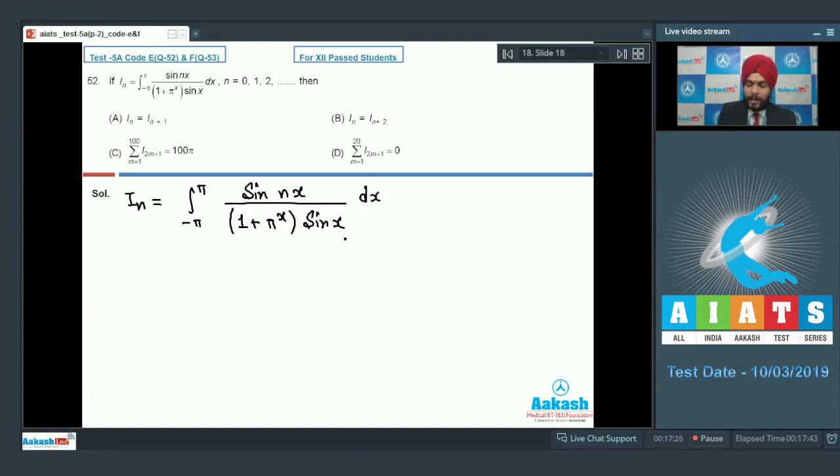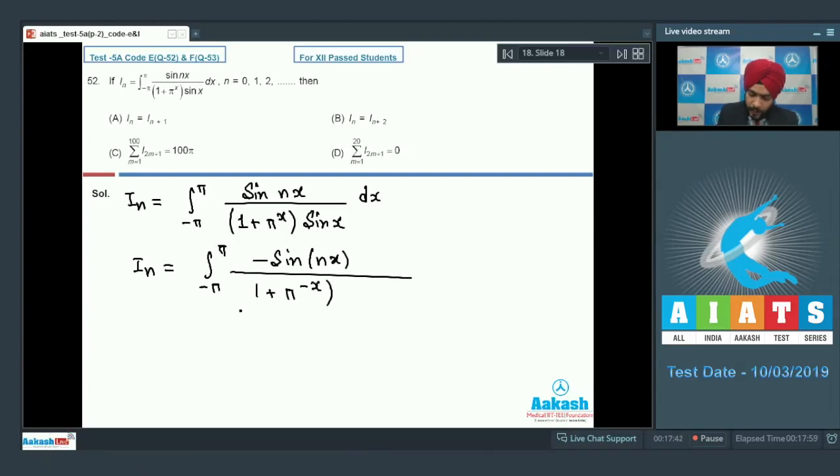Students, applying the a plus b minus x property, a plus b is 0, so 0 minus x, x will be replaced by minus x. So In will be the integral from minus pi to pi of minus sine nx upon 1 plus pi raised to the power minus x into minus sine x dx.